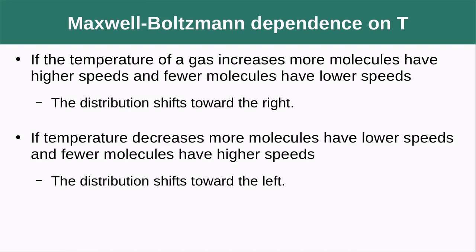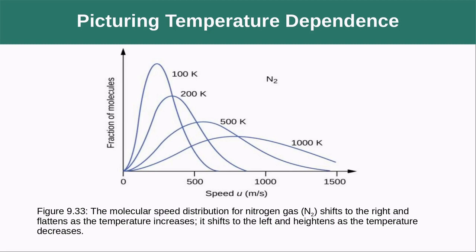If the temperature of a gas increases, more molecules have higher speeds and fewer molecules have lower speeds. The distribution shifts towards the right. If the temperature decreases, more molecules have lower speeds and fewer molecules have higher speeds, and the distribution shifts towards the left. So let's see what that looks like.